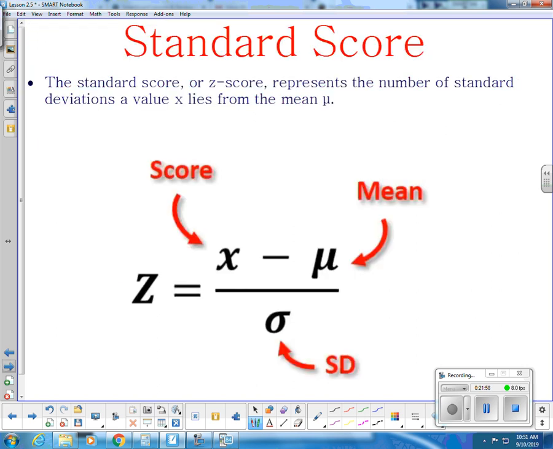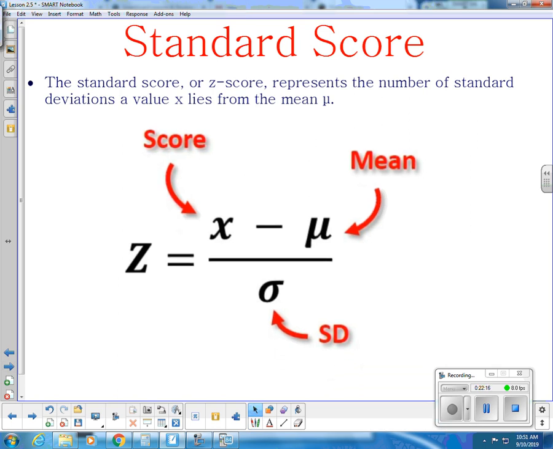All right, standard score. So we talked about z-scores the other day, and we approximated them on that bell curve. Now we're going to find actual z-scores with particular raw data. And again, we're not going to get into using the charts to find actual percents. We're still going to be estimating with that other thing on the bell curve, but that's what we're going to go to later, next chapter.